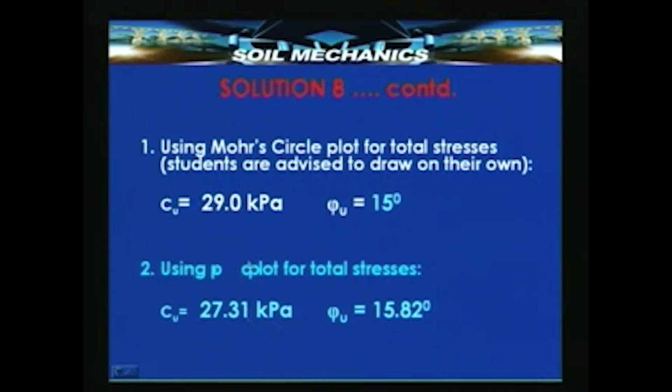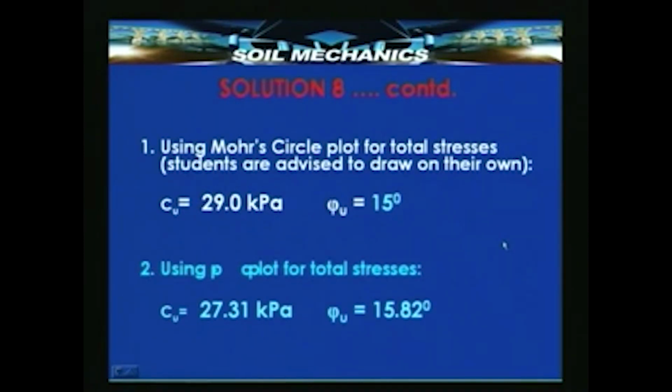In the PQ plot we got 27.3 and 15.82, whereas if you plot the Mohr circle diagram and get the values of Cu and phi u, you will find 29.0 and phi u equal to 15 degrees.